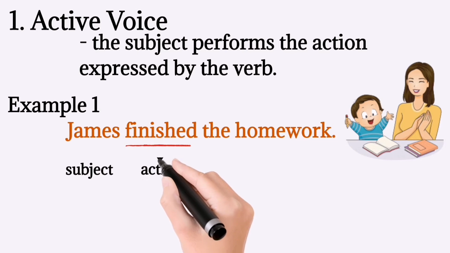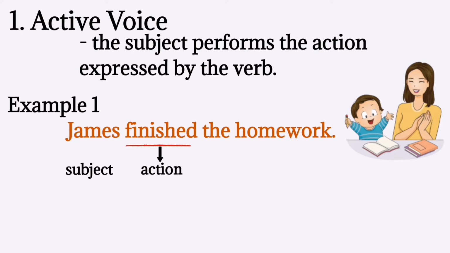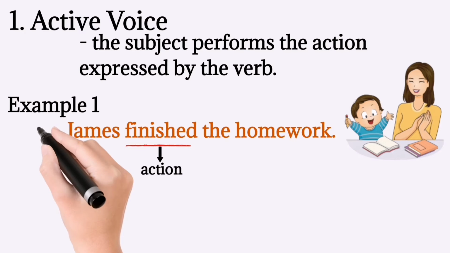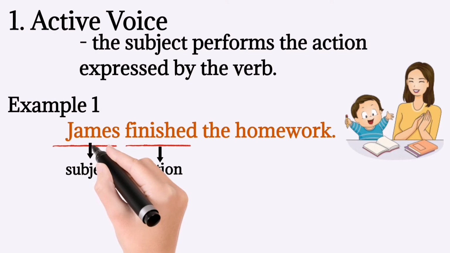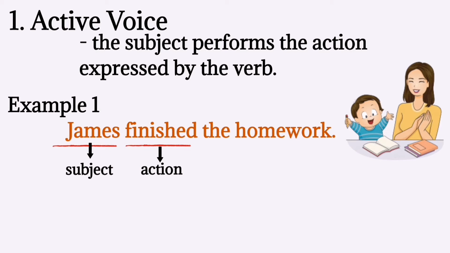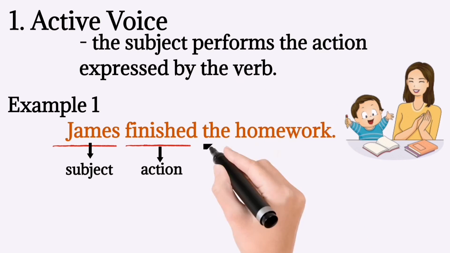Correct. Finished is the action of the sentence. Now, who did the action? Who finished the homework? Of course, it is James. James is the one who finished the homework. Therefore, James is the subject of the sentence. Since the subject, who is James, is the doer of the action, which is finished, the sentence is in active voice.